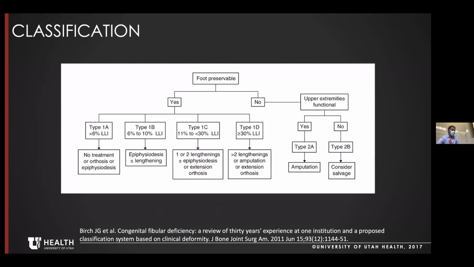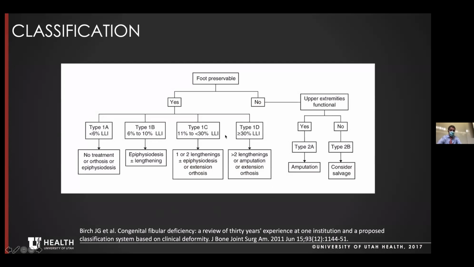And again, they don't define what's preservable, but I think if they have a close to normal looking foot with intact ankle range of motion, some people have talked about the number of rays present, but certainly soft tissue is an important part of this too, with lengthenings being reserved for folks who may only need 1 or 2 lengthenings.